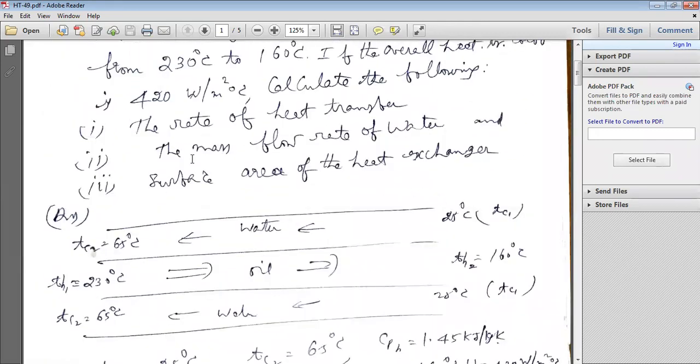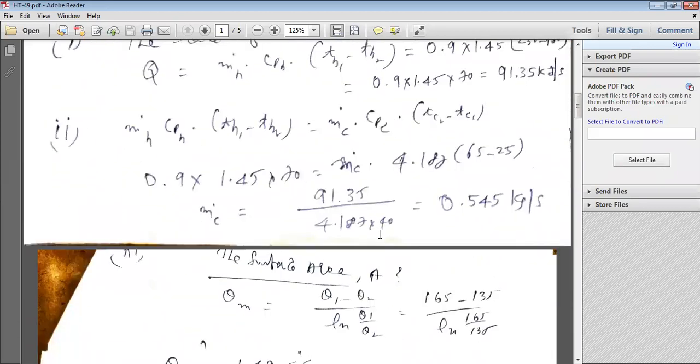Now, what do you have to calculate? Second bit, the mass flow rate of the water. The cooling fluid is water here. M dot c is to be calculated. For that, you have to take the help of the energy balance equation. What is the energy balance equation? Heat supplied by the hot oil is equal to heat gained by the cold water.